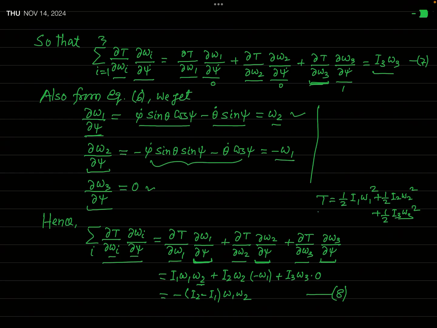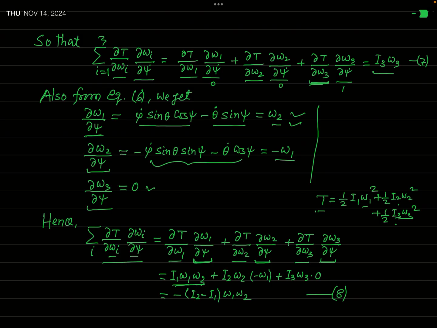So when you differentiate T partially with respect to omega 1, the derivative of the second and third terms will be 0, and that of the first term will be I1 omega 1. So instead of del T by del omega 1, I have written I1 omega 1. And instead of del omega 1 by del psi, you can see this is omega 2. So the first term becomes I1 times omega 1 times omega 2.